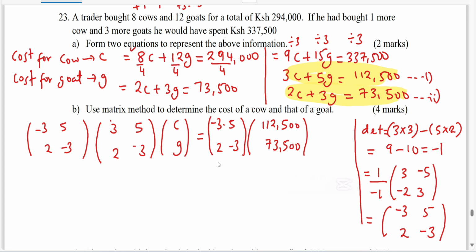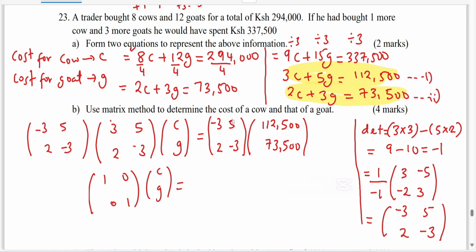Okay, so hapa tayari tuko sawa. So utaona negative 3 na 5 kando, 2 na negative 3 kando. So the next step, if you check your inverse times its matrix, you get an identity matrix which is 1, 0, 0, 1 times CG equal to sasa.